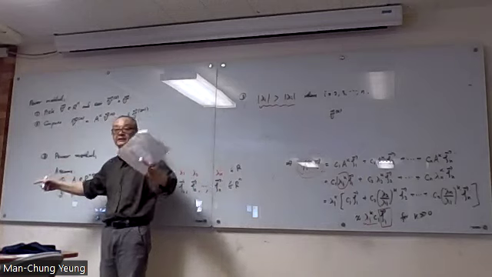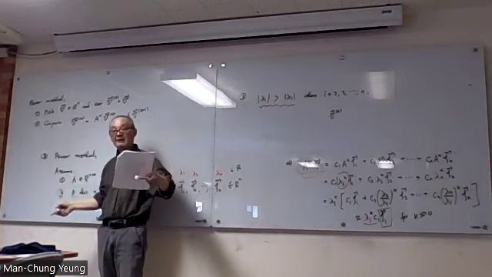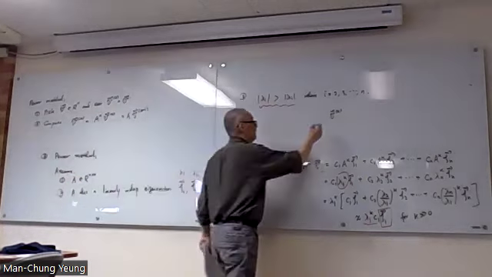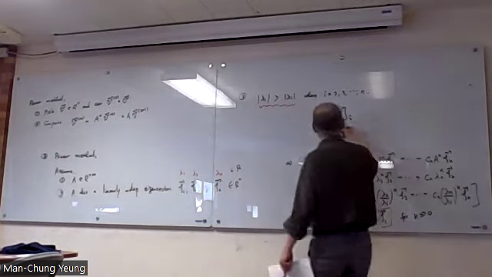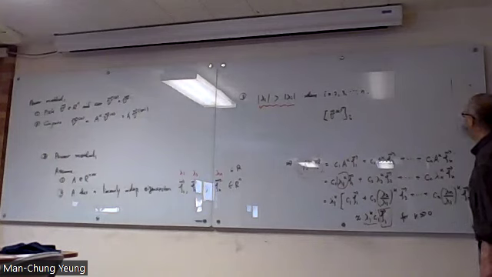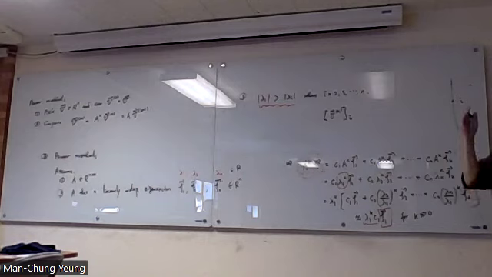Pick one entry, say the entry at position i. A vector has n entries. Now let me pick the i-th entry.